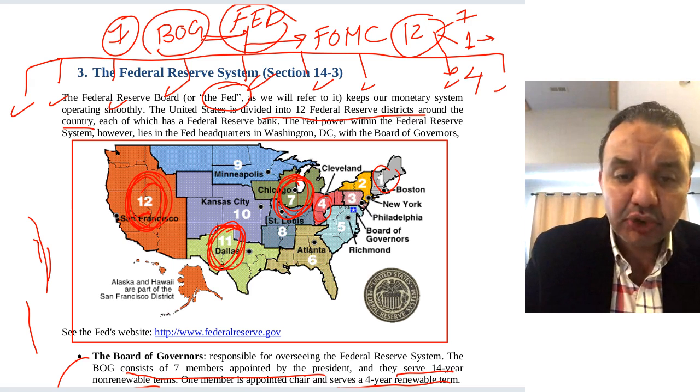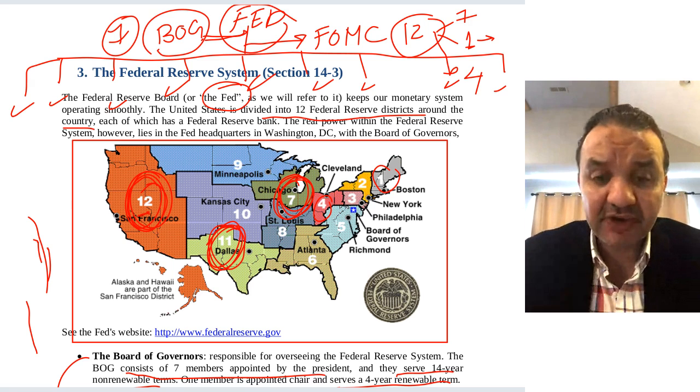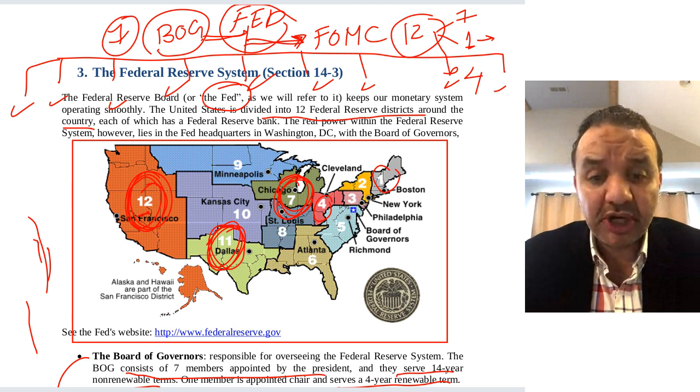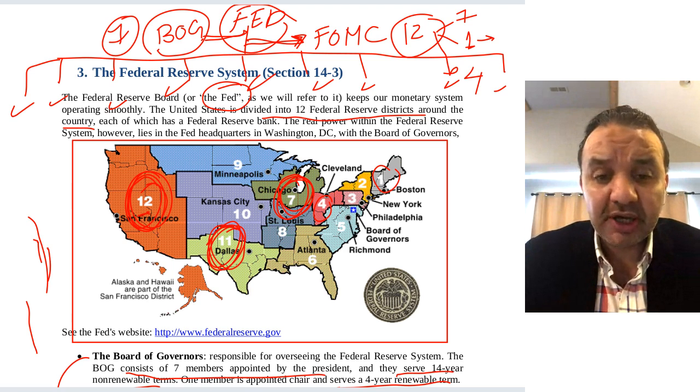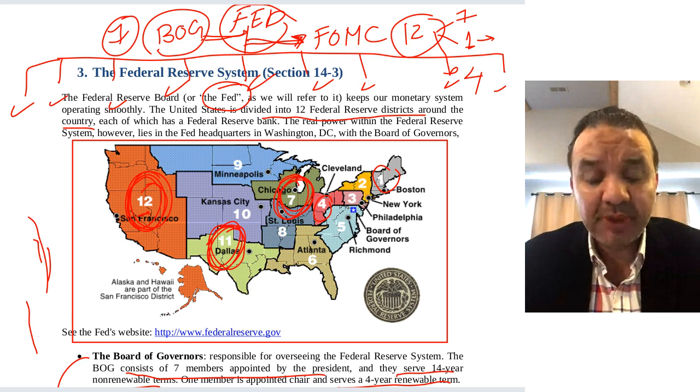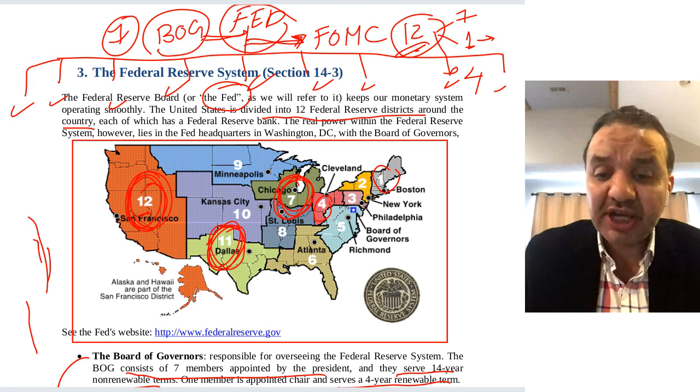We have the Fed. Under the Fed, there is the BOG, Board of Governors, which includes 7 members. And then we have also one of the most important committees in the Fed, which is responsible for the monetary policy. It's called the Federal Open Market Committee.